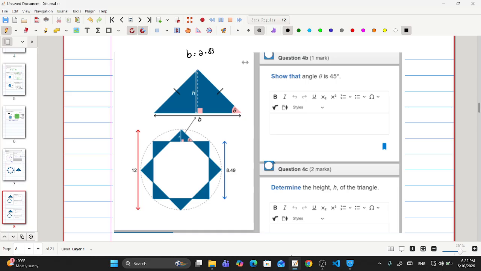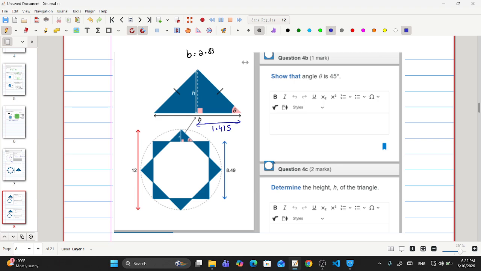So if B is 2.83, this length is supposed to be half of 2.83. If you divide by 2, we'll get 1.41, sorry, 1.415.